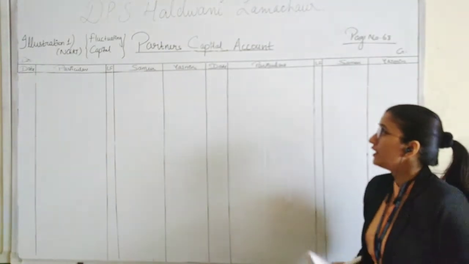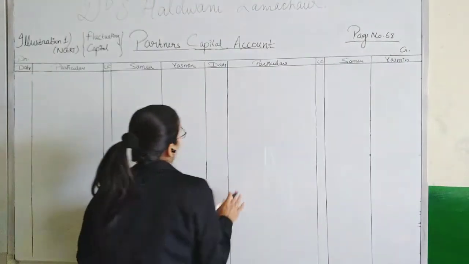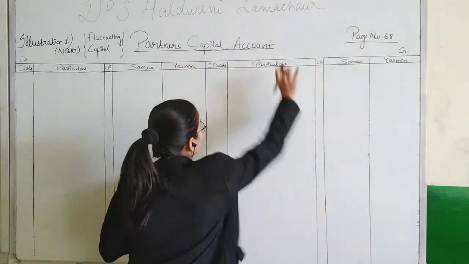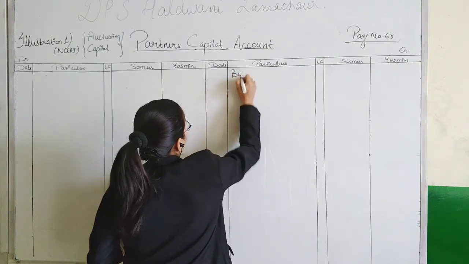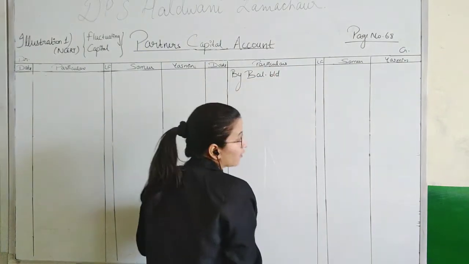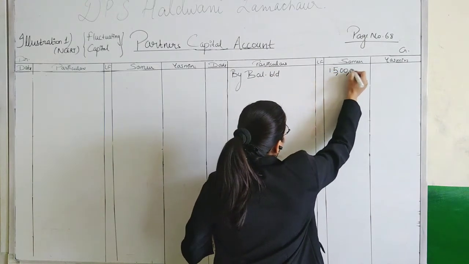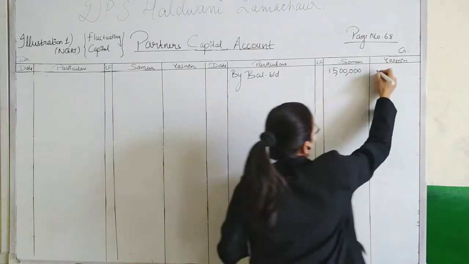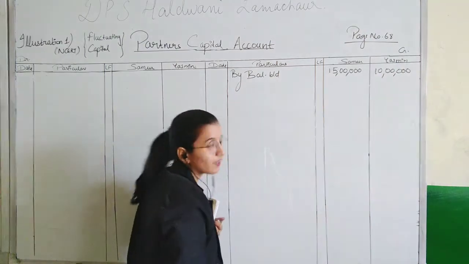Now, according to the question, the capital brought in by the partners at the beginning of the year will be written as by balance brought down. So the amount of capital brought in by Sameer is 15 lakh and by Yasmin is 10 lakh.